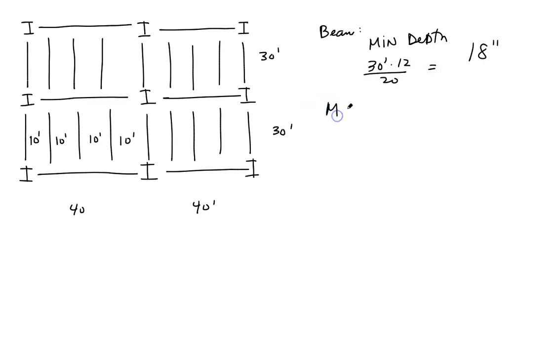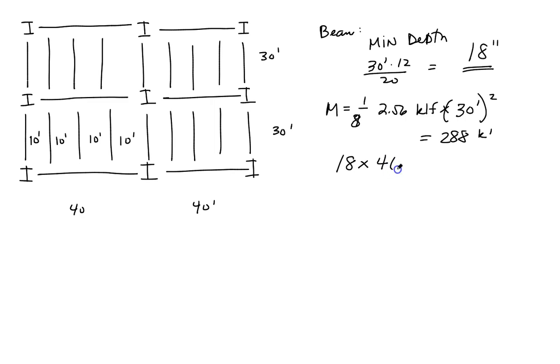Right, the demand moment, 1/8 times 2.56 kips per lineal foot times 30 feet squared, giving us 288 kip feet. And looking in the table, if you use 18, you'd end up with 18 by 46.